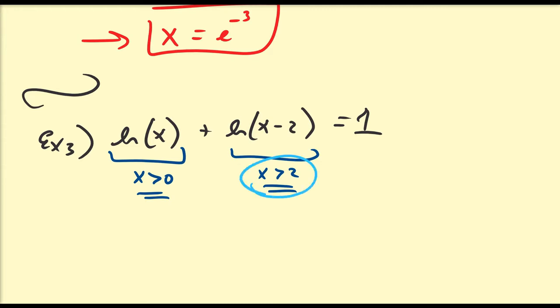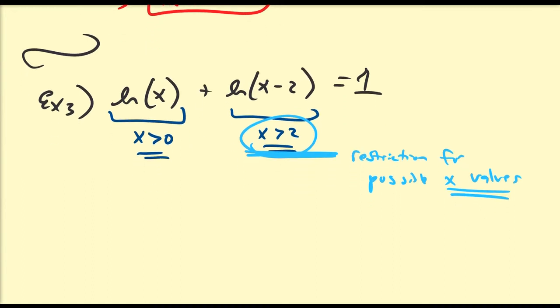If x is greater than 2, then x is greater than 0. Therefore, this is going to be our restriction for possible x values. So if we get a value at the end like -6, -6 is not greater than 2, so we're just going to cast that out as a bad solution, okay? Let's keep that in the back of our mind for a minute. So x must be greater than 2 is our restriction for our possible solutions.